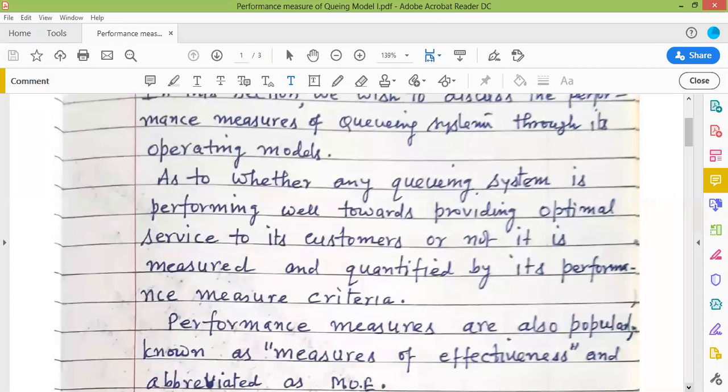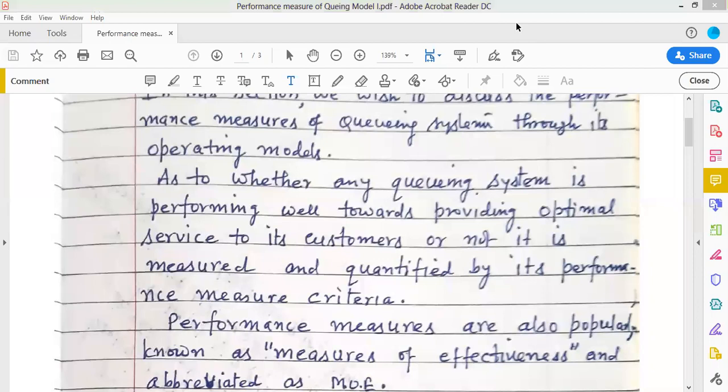So what are the terms related to this performance measure? There are certain terms which are related to performance measures, and these terms are popularly known as the performance measures and operating characteristics.